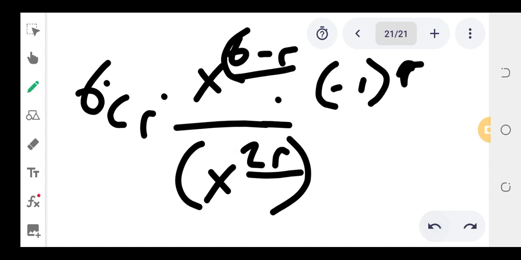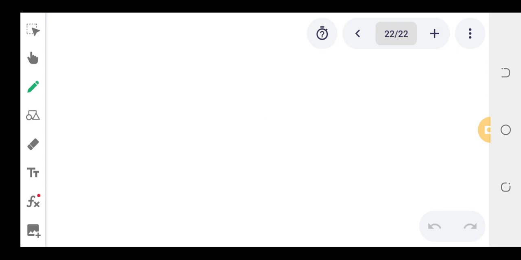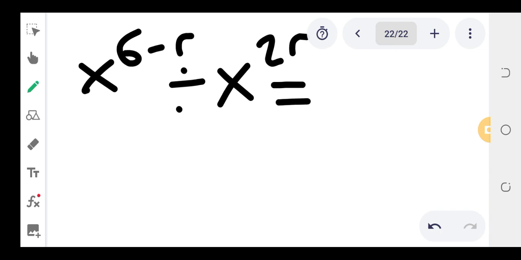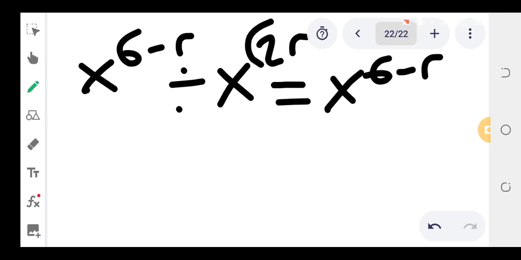So we get x to the power 6 minus r divided by x to the power 2r. We are subtracting because we are dividing, so minus 2r. This is what we must expect.